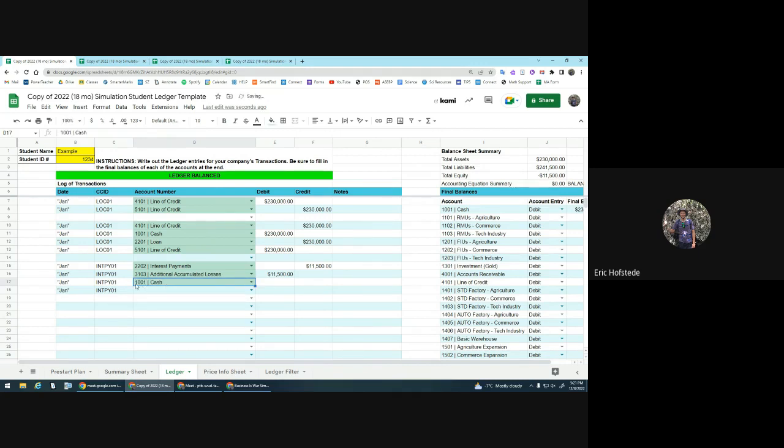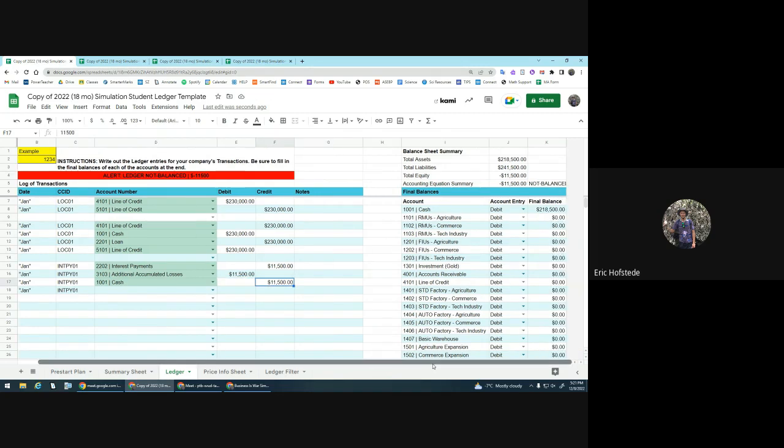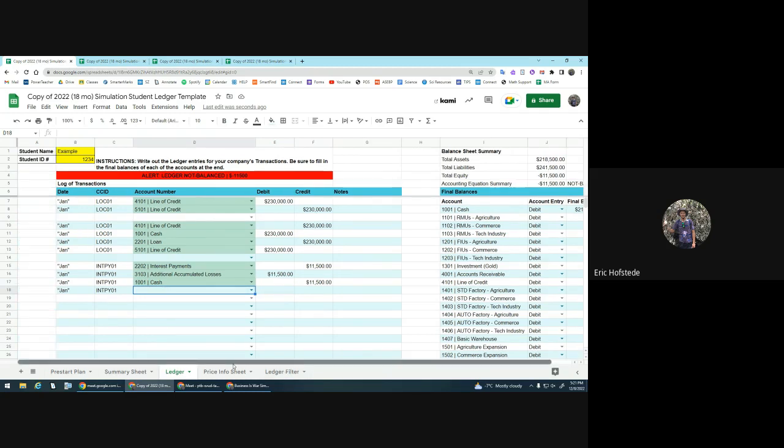Cash is an asset starting with 1. So when I credit it, sorry, 11,500, that reduces how much cash I now have. And you can see that it went down from 230,000 to 218,000. All right, what do I balance that with? Well, I need a matching debit.